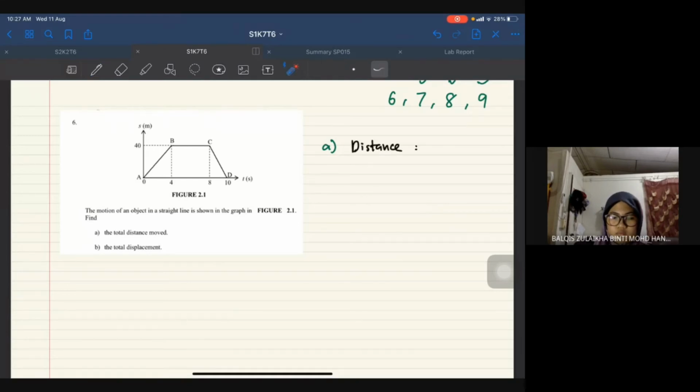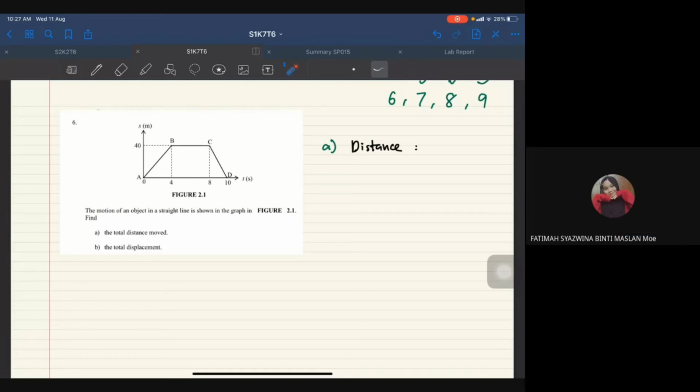Okay, soalan ni dia kata from 0 to 4 second this object travels from A to B. So they travel to the right for 40 meter. Itu maksud dia. From 4 to 8 second maksudnya apa kat sini? 0. Apa yang 0? Distance.